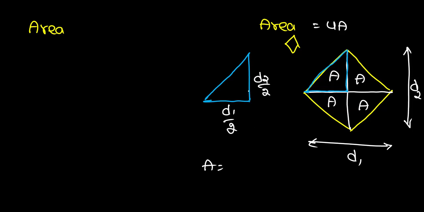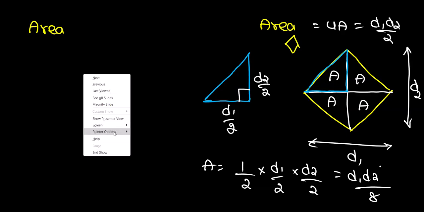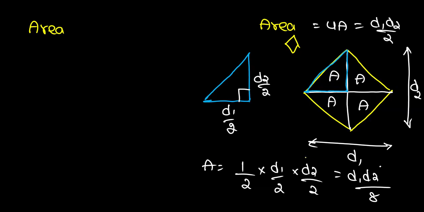This is a right angle triangle, so half into base into height, which is D1 D2 divided by 8. As this is 4A, we will get D1 D2 divided by 2. That's what the area of a rhombus is: product of diagonals divided by 2.